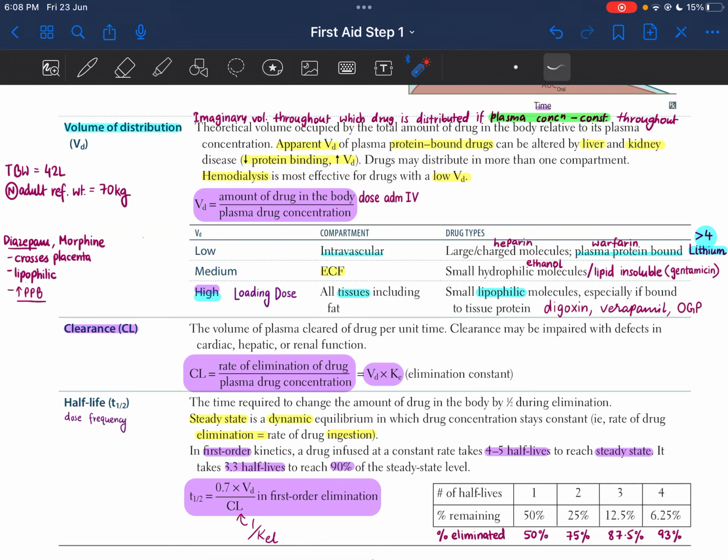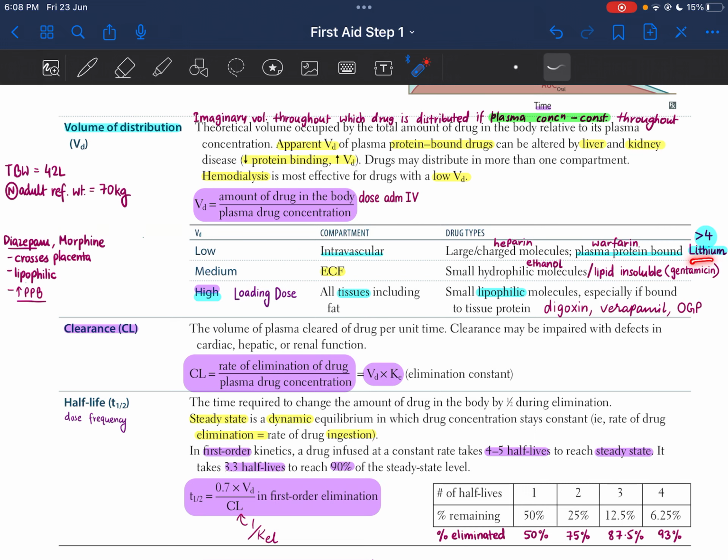Heparin is a large molecule, obviously it has charge, and it cannot be distributed into the tissues too much. And warfarin. Warfarin is plasma protein bound, so it stays within the intravascular volume and does not get distributed into the tissues. And lithium also has a low volume of distribution.